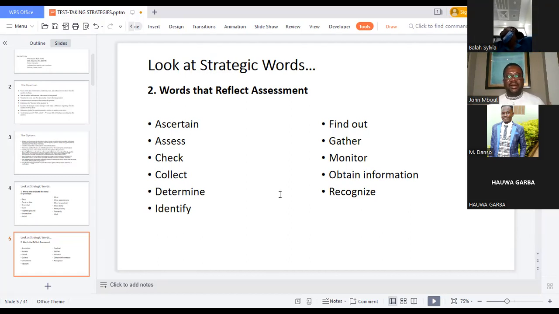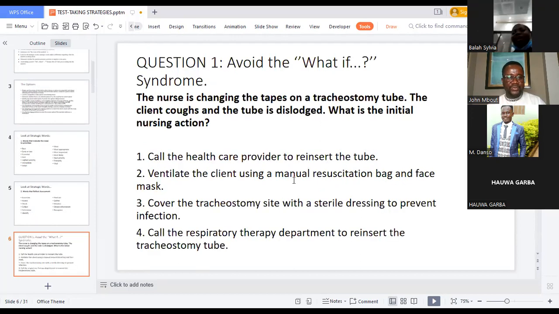These words are strategy words that reflect assessment. Now we're just talking and it's not making any sense, but when we see a question and apply all of this, we try to understand what I'm saying. Question number one, let's practice now.